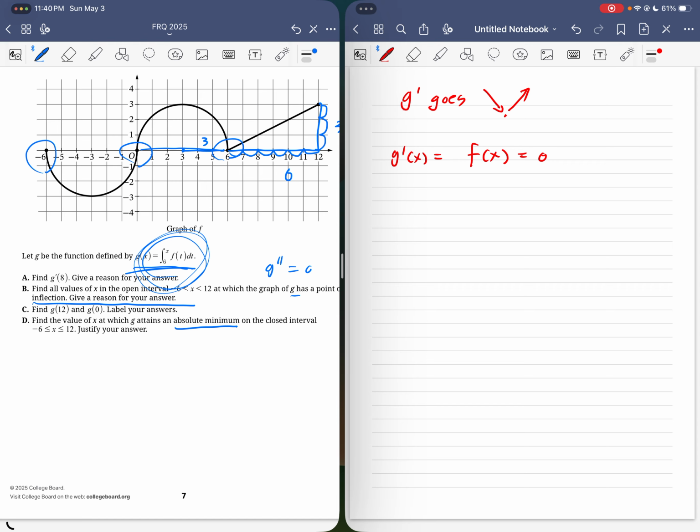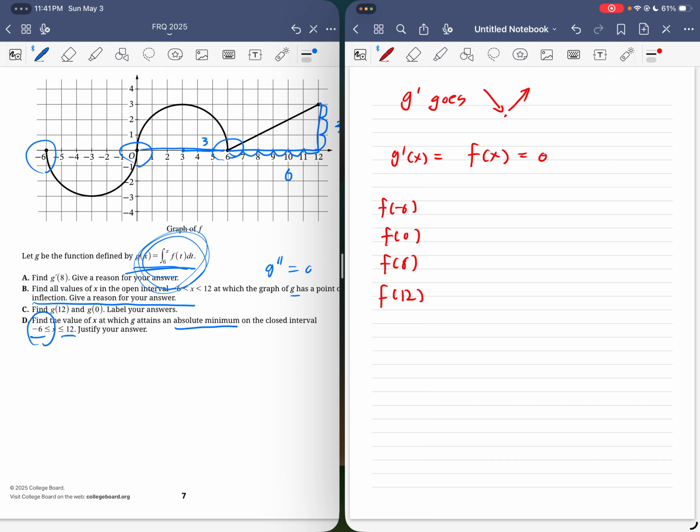And then we also have to figure out these two numbers. So we have to find f of negative 6, and then f of 0, and f of 6. And f of negative 6 we already put here, so we only have to add f of 12.